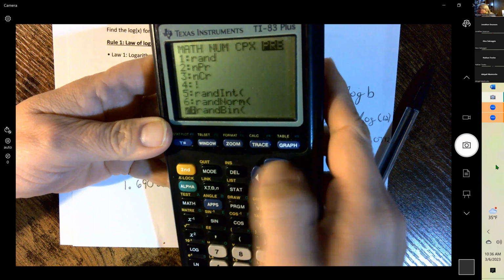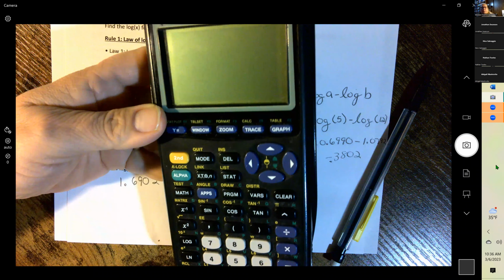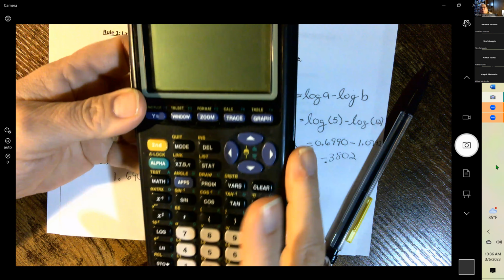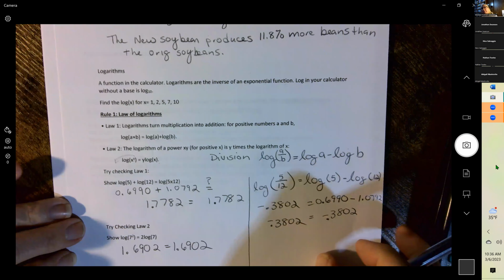I'm not sure where this one has it, maybe under number or trig. I know somewhere this calculator has different bases of logs. I just don't use it. Any questions though?